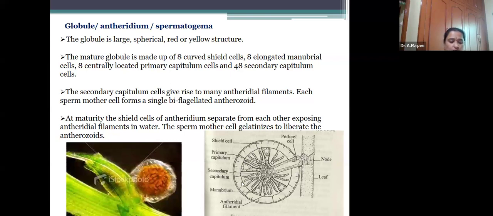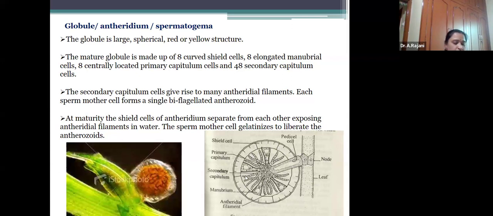In the globule, 8 shield cells are present. This is the first important character. The 8 shield cells form the wall of the antheridium.